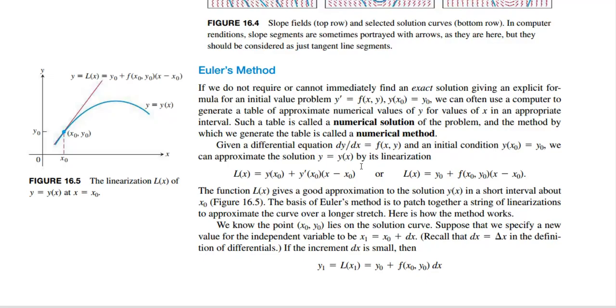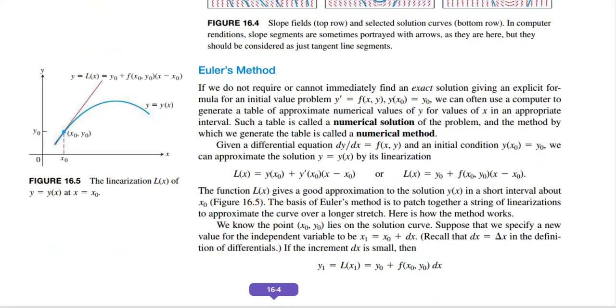We know the point x0, y0 is on the solution curve. So let's say that we specify a new value for the independent variable to be x1, which equals x0 plus dx, and dx equals delta x in the definition of differentials. If the increment dx is small, then y1 equals L of x1, which is y0 plus f of x0, y0 dx.